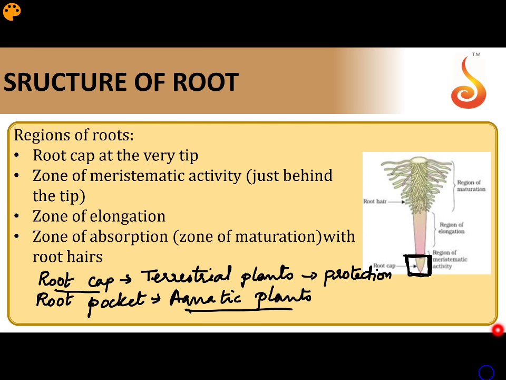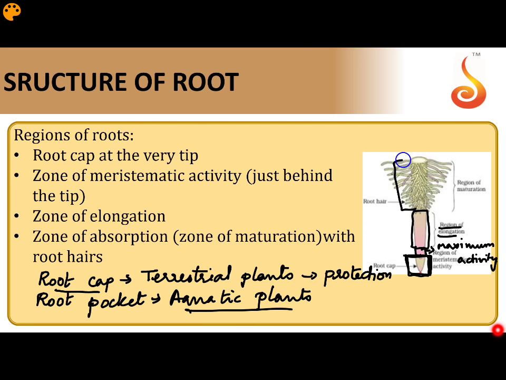Above that region is the region of meristematic tissue. In this region, maximum activity happens. Above this comes the region of elongation. Here no more cell division occurs, but the cell enlarges in size.